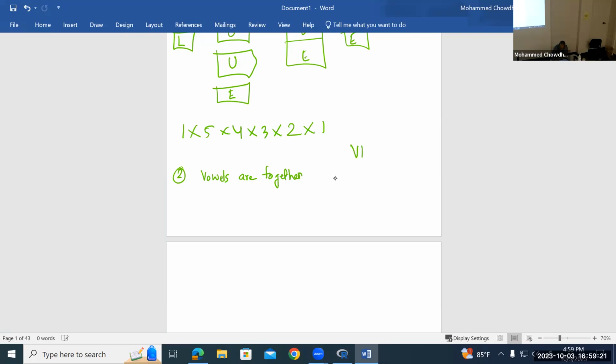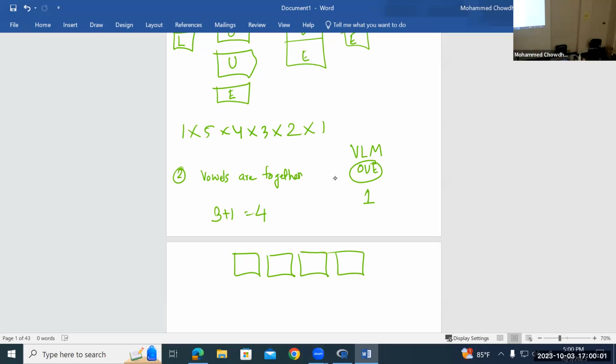So volume has V, L, M, and then O, U, E. These are the vowels, right? So the vowels together count as only one letter. And how many consonants? 3, right? 3 plus 1. How many letters now? 4, right? So letter 1, letter 2, letter 3, letter 4. Are you understanding? Vowels are together.